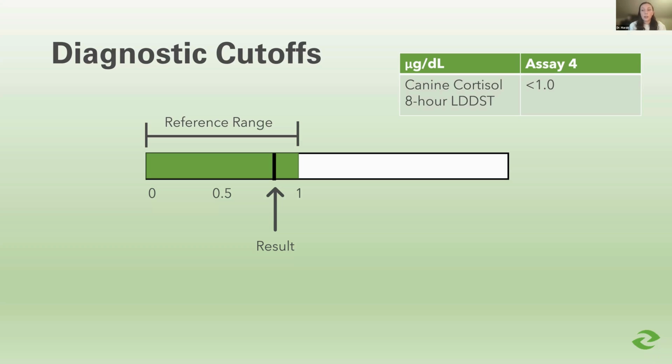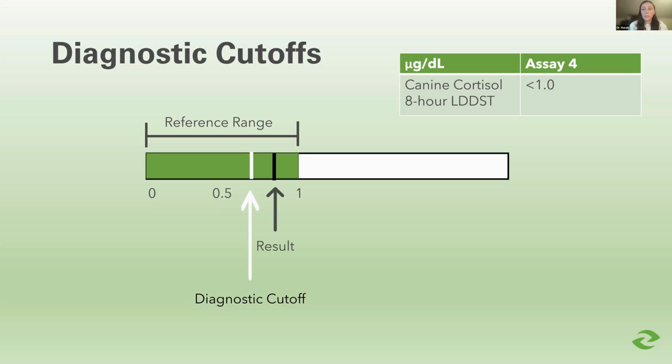A diagnostic cutoff is a number guideline that has been determined, hopefully, by studying a large population of animals with the disease in question, in this case, Cushing's. If we introduce a diagnostic cutoff here, you can see that it's possible for a patient with a reference range normal value to be classified as abnormal in terms of whether they have the disease in question.